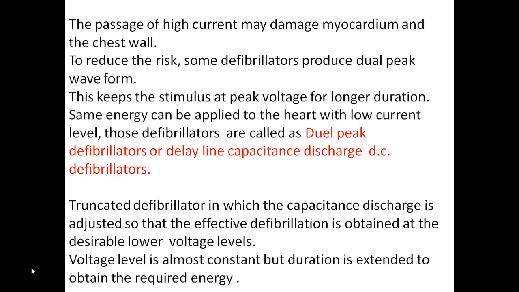That is called a truncated defibrillator, as opposed to the dual peak defibrillator.